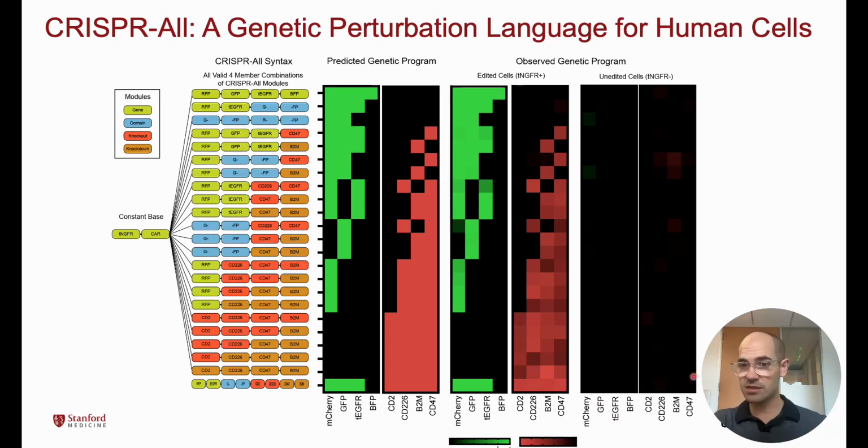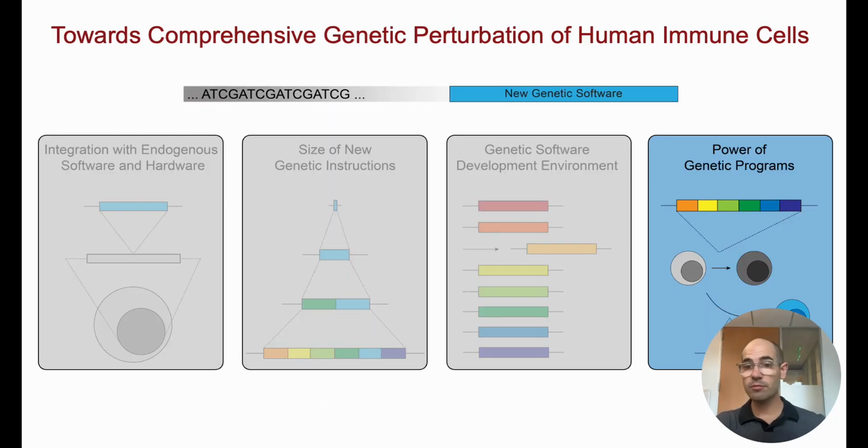And then in unedited cells, we don't see any of these perturbations. So it's extremely clean. So this CRISPR-All system allows you to have a unified genetic screening system to potentially build much more powerful genetic programs of combinatorial complexity arbitrarily across perturbation classes.